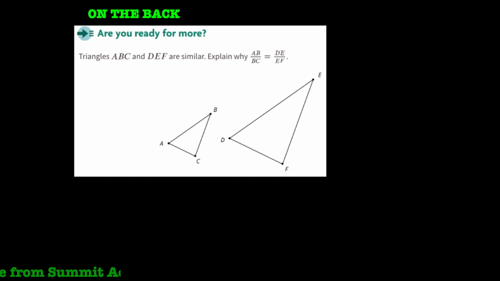So let's highlight for ourselves. Let's do orange. It's saying AB is here, and BC is here. So it's saying that ratio compared to DE and EF.